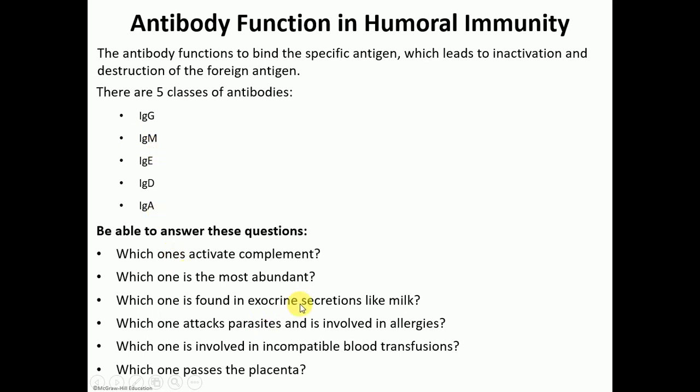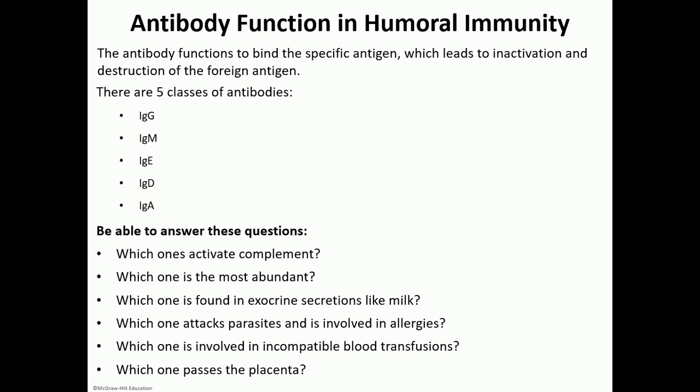Which one of these is found in exocrine secretions, for example, milk? That would be IgA. So IgA, or immunoglobulin A, is found in breast milk. That is why it is important, especially during the first couple of days of breastfeeding, where it's rich in these IgAs, and that is transferred to the baby during lactation.